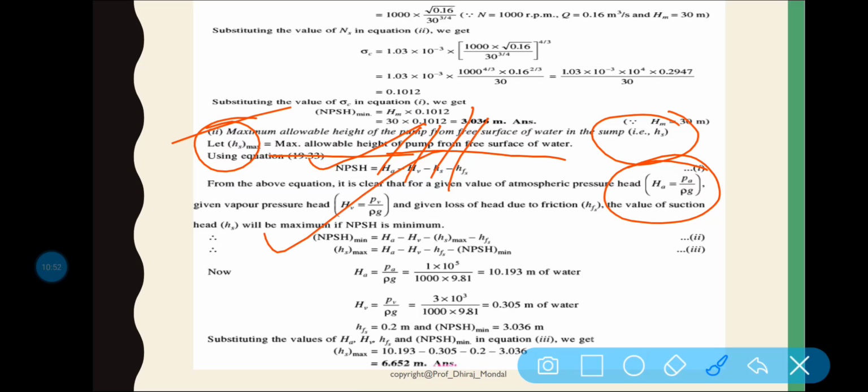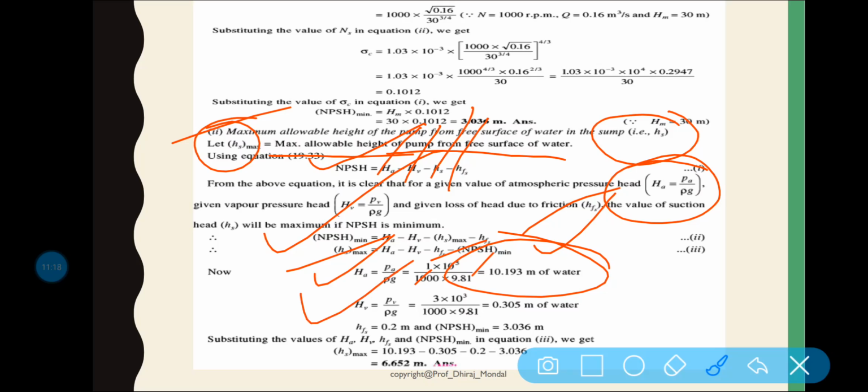So the minimum NPSH is equal to HA minus HV minus HS maximum minus HFS. So HS maximum is equal to this. HA is equal to PA by rho g. So PA you know, rho you know, g you know, you can find out HA, that is your atmospheric pressure head, and your vapor pressure head is equal to PV by rho g, and all these data are given, and the HFS you can find out.